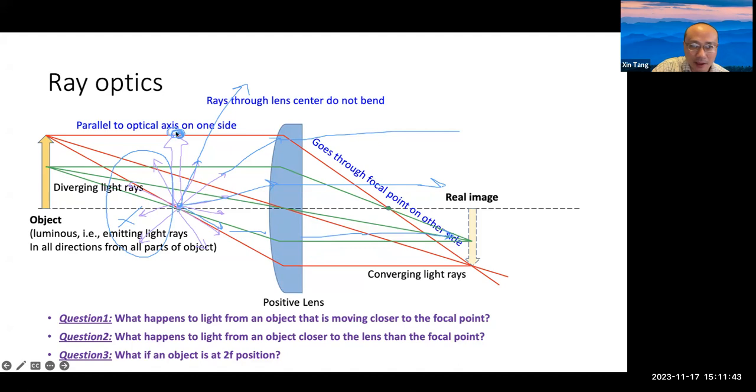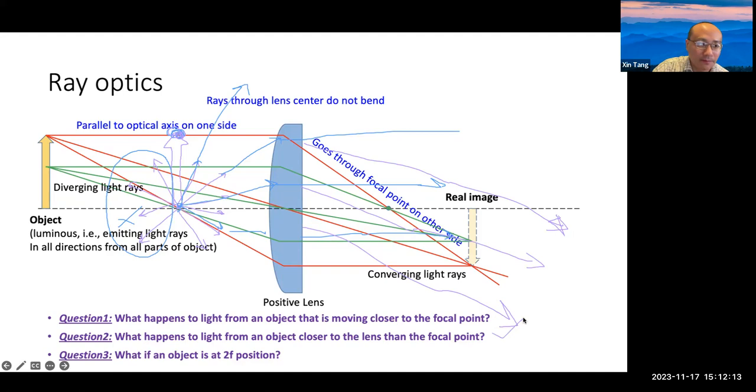All the light coming out from this point will go in this direction. Still parallel, but they have an angle now. They don't form an image, but they go at a different angle rather than parallel to the optical axis. So the answer for number 2 is you don't have an image.